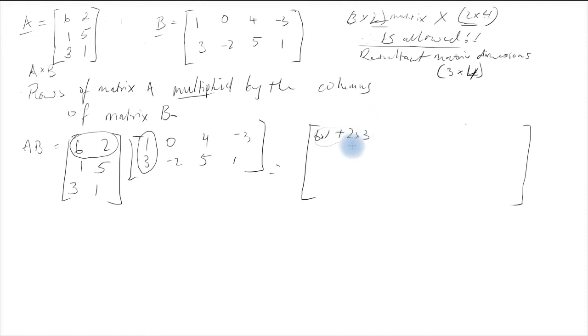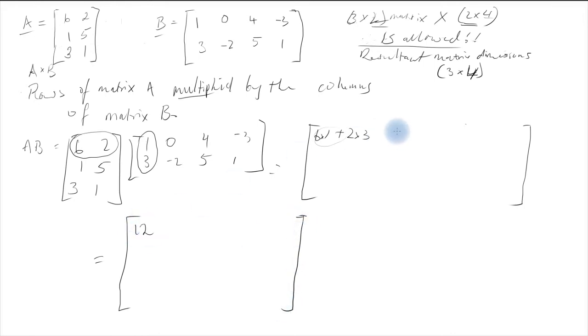That'll go there. So 6 times 1 is 6, plus 2 times 3 is 6. So we've got 2 6's, so there's a 12 in that position. So we've got 12 in the first spot.